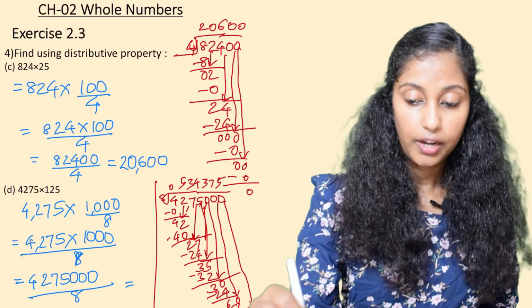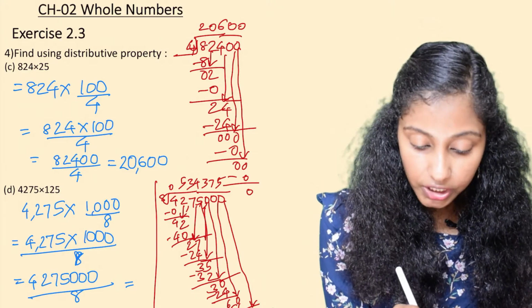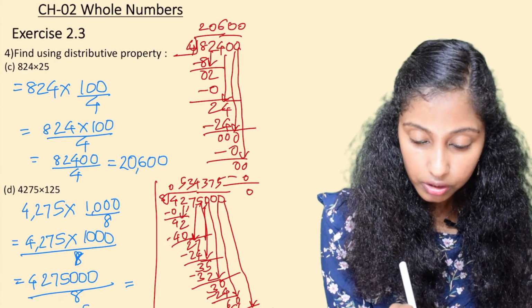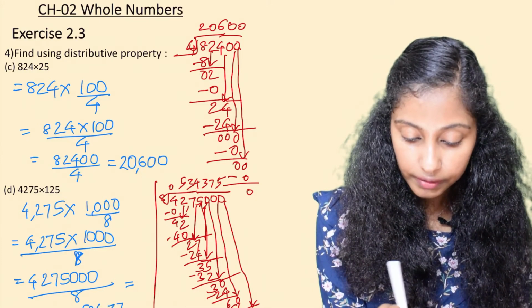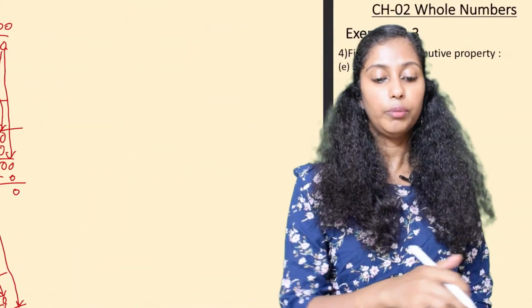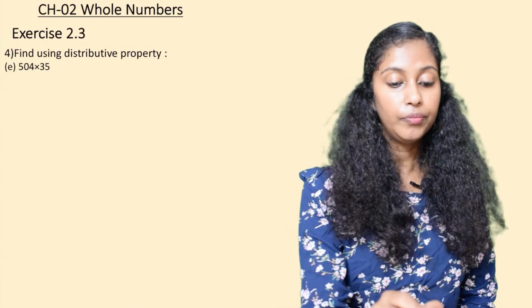So we get the answer as 5,34,375. Now we proceed further with the next sum.